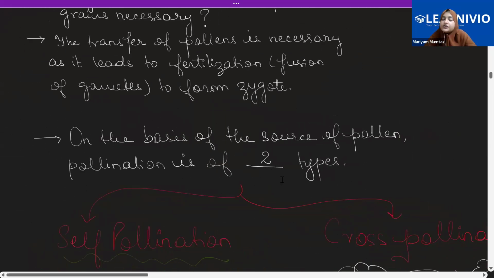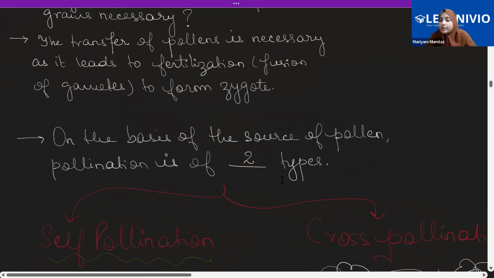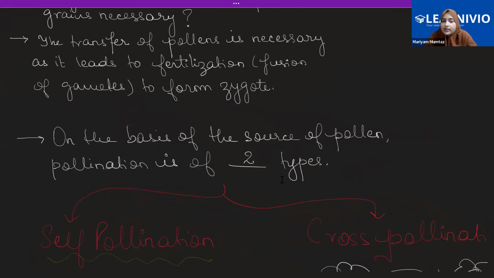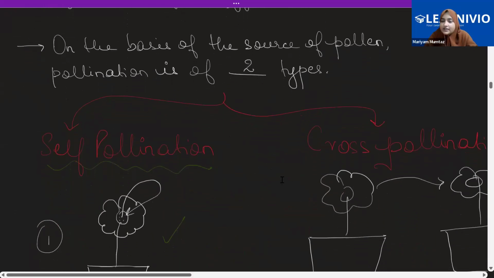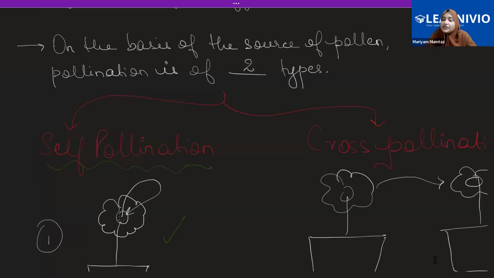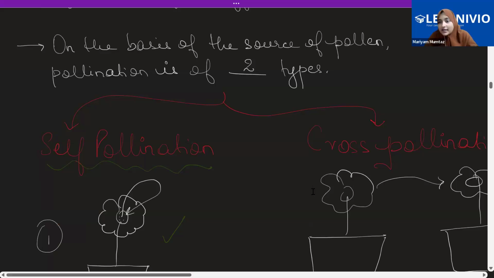Now, depending upon the source of pollen, meaning from where the pollen grain is coming, pollination is of two types: self-pollination and cross-pollination. Self-pollination is the type of pollination in which self-pollens are coming. Further, it could be of two types.